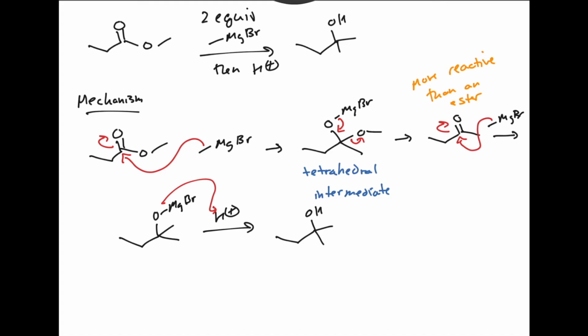So since you're making a ketone here, you have to use up any ketone that you make before you get to react with your next ester. So that's why we need two equivalents, to make sure we consume everything. We make a tetrahedral intermediate, it collapses, we make something we can react with, and we react with that.